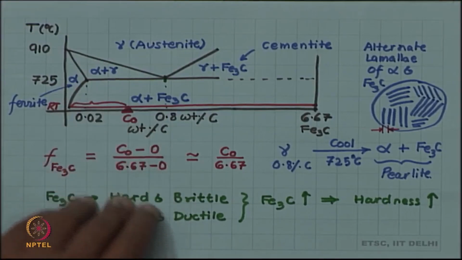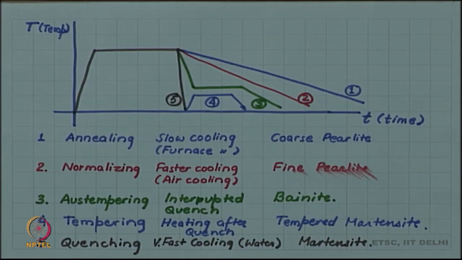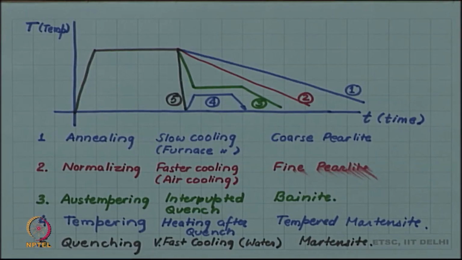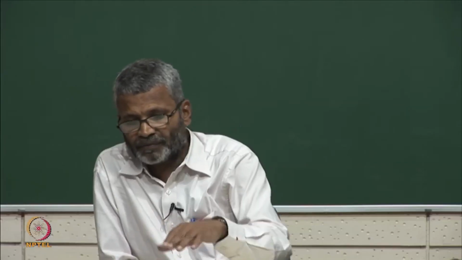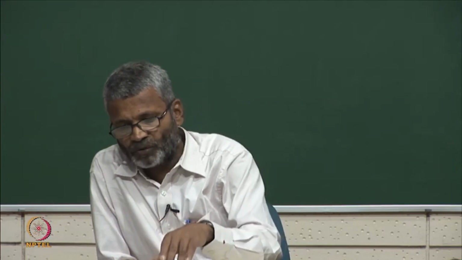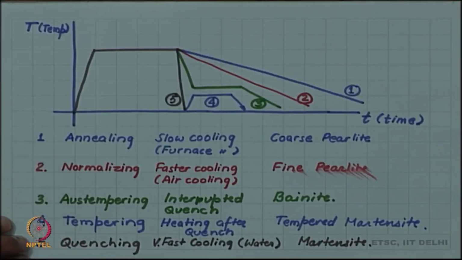So, to understand them, we have to use a different tool, and that tool we have already developed in connection with the liquid to solid transformation in freezing, and that is the TTT diagram. The time temperature transformation diagram can come as an aid to us in understanding how these different treatments give us these different microstructures.